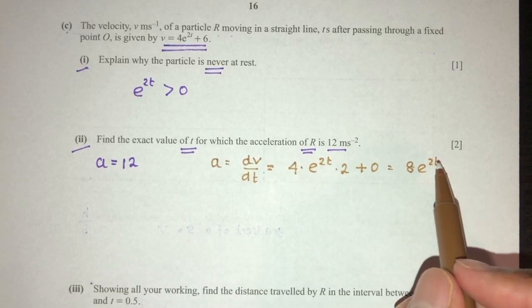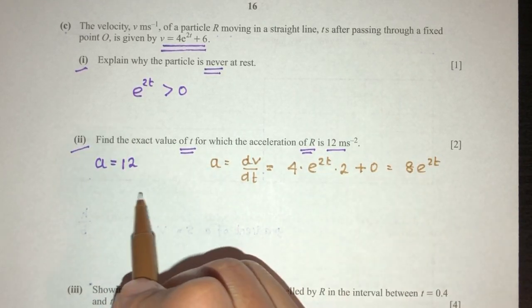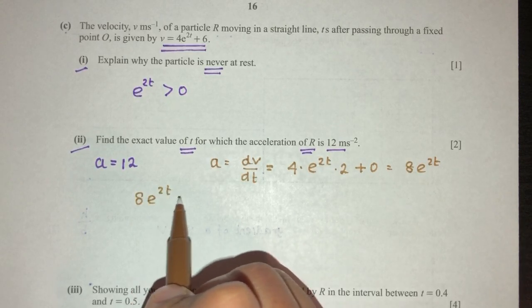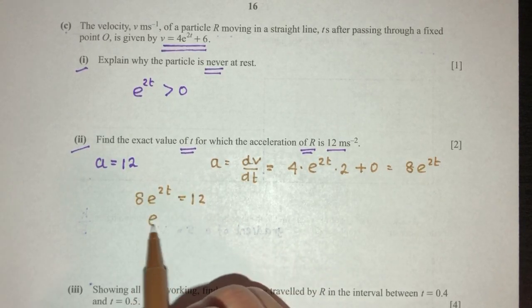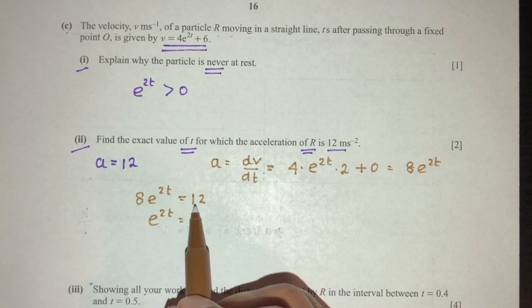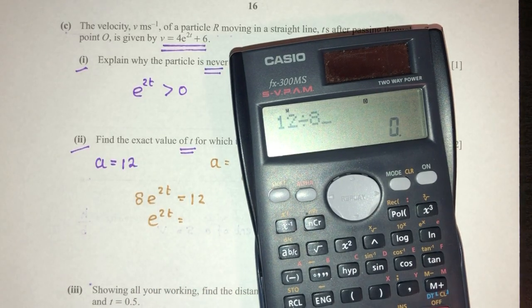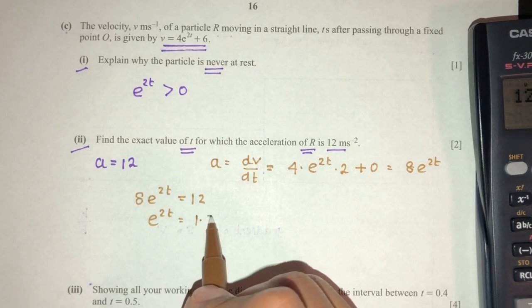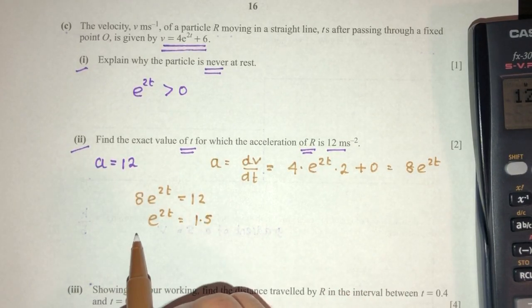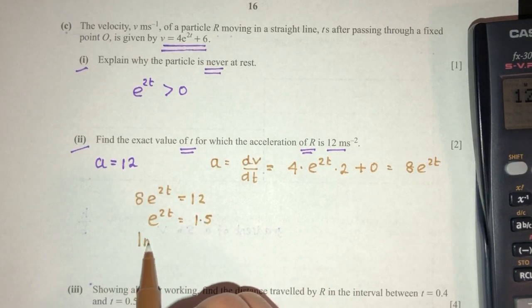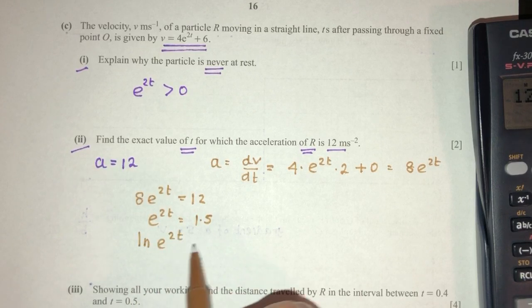So we have to find the value of t when a, which is this one, 8 e^2t, is equal to 12. That will be equal to 12 divided by 8. That will be 1.5. So we have to take log, so ln on both sides. That will be 2t.